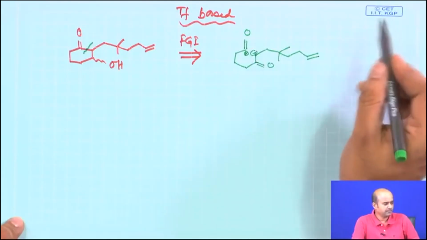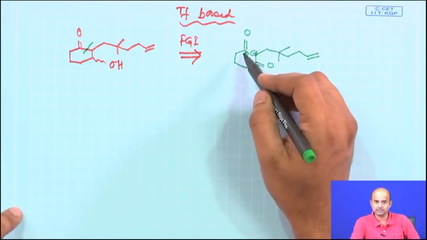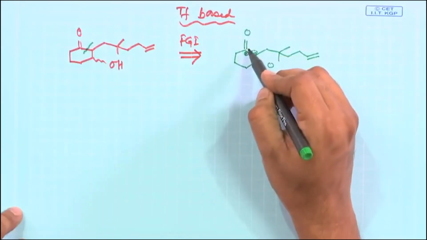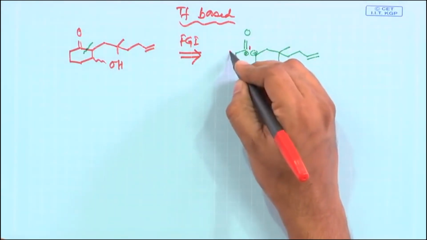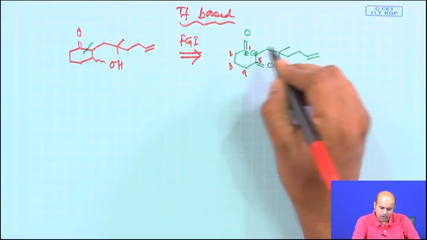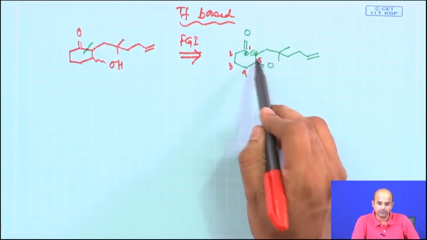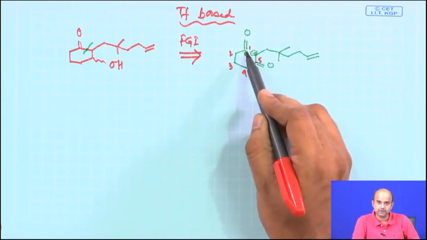So, basically an intramolecular reaction can take place in reality if you have, this is 1, this is 2, 3, 4, 5. So, if you have a properly substituted 1,5-dicarbonyl compound, you can do an intramolecular displacement reaction.